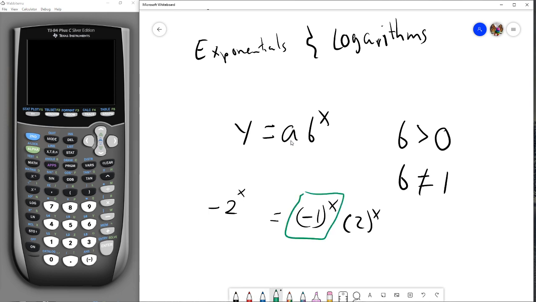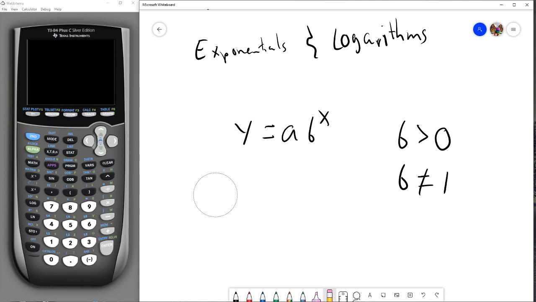The negative 1 to the x causes problems because if x is an even integer, it will be positive, but if x is odd, it will be negative. You get a flip-flop back and forth between positive and negative values, which is why we want to stipulate that b is positive. We also stipulate that b cannot equal 1 because 1 to any power is just 1.